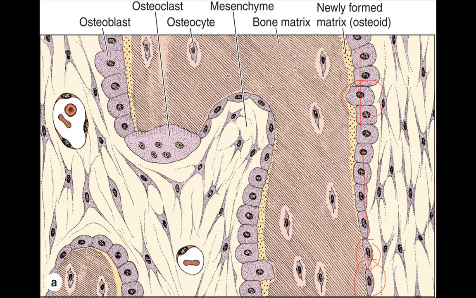Look closely, they will try to penetrate this matrix to become your osteocytes. These are your mature osteocytes, which maintain this bone matrix. Another cell is this multinucleated giant cell called your osteoclast, and that is for bone resorption.